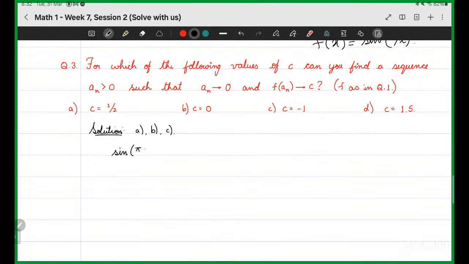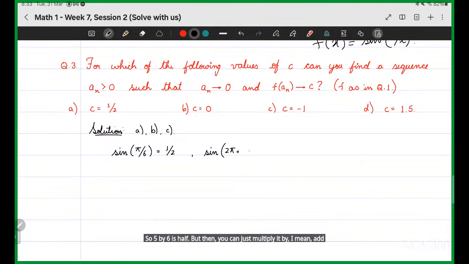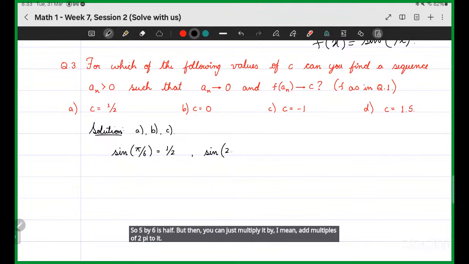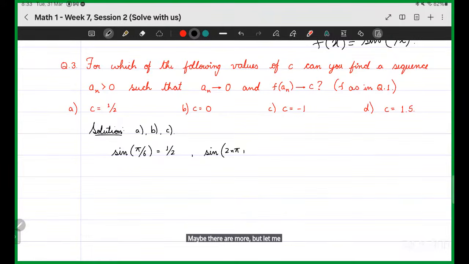It's pi by 6, right? Yes. So pi by 6 is half, but then you can just add multiples of 2 pi to it. Maybe there are more, but let me just take this.